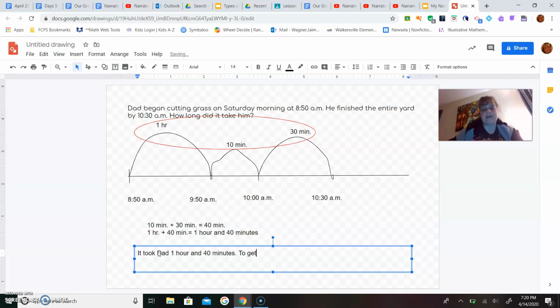And then I'm going to say, to get my answer, I drew a number line. I started my number line at 8:50 a.m. I added an hour onto 8:50 a.m. and I moved to the time 9:50 a.m. and I ended at the time.